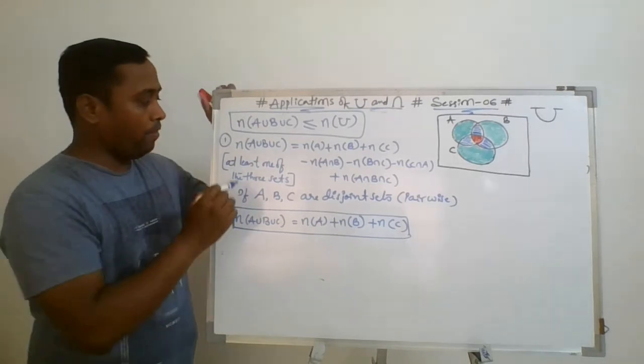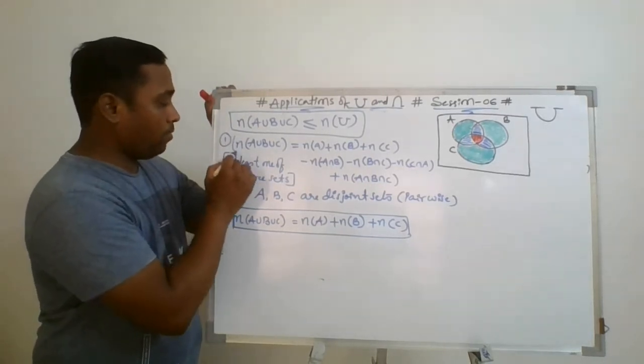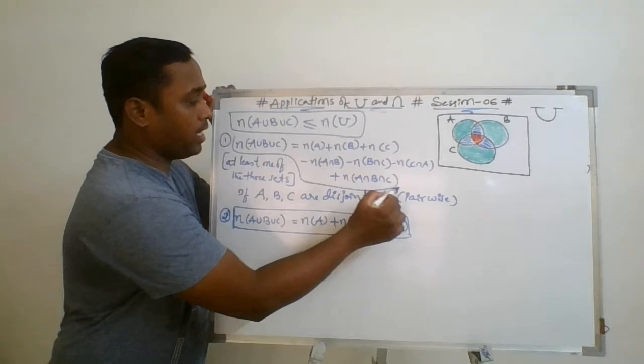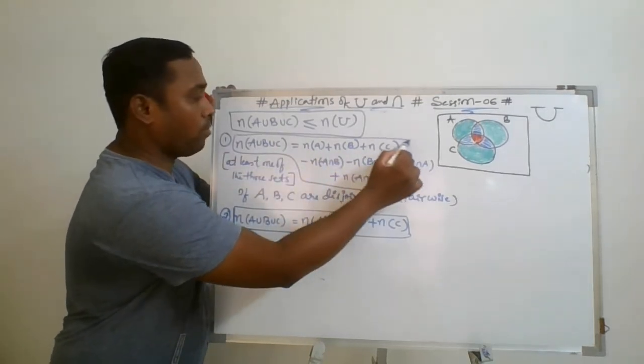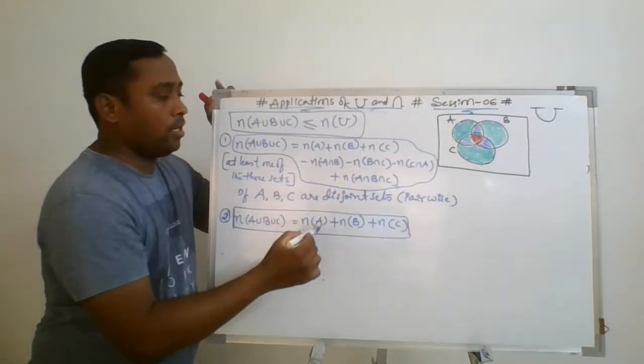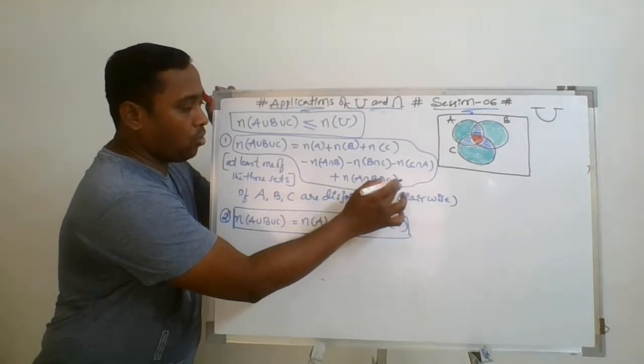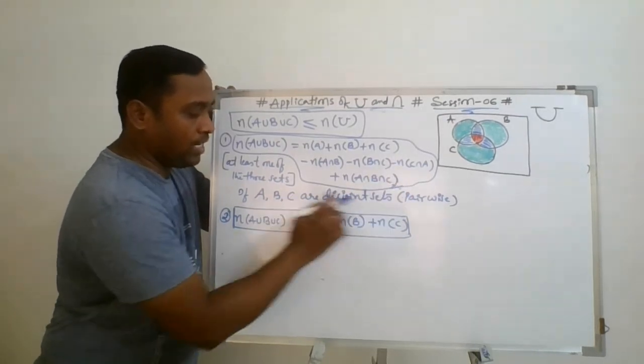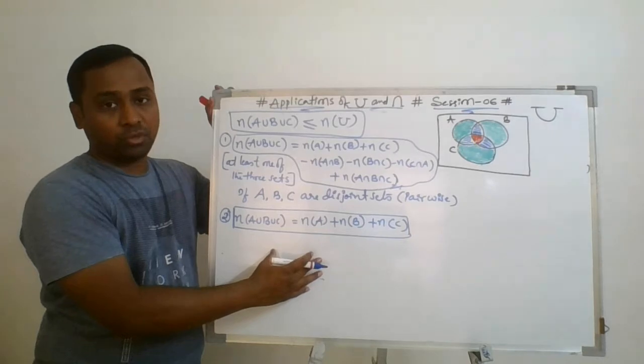The general formula is defined like this first, and if the given three sets are disjoint sets, then that formula is reduced to this.